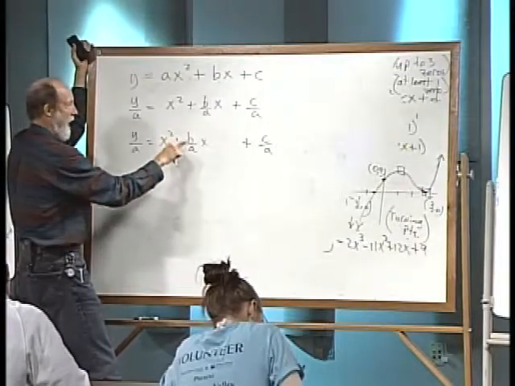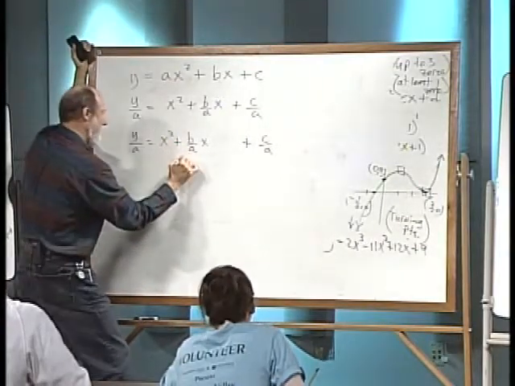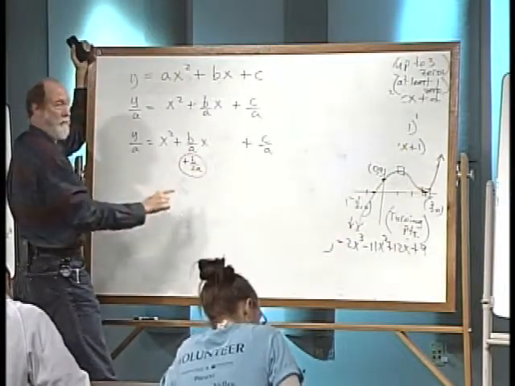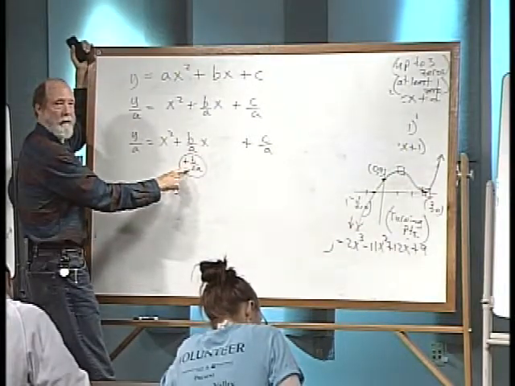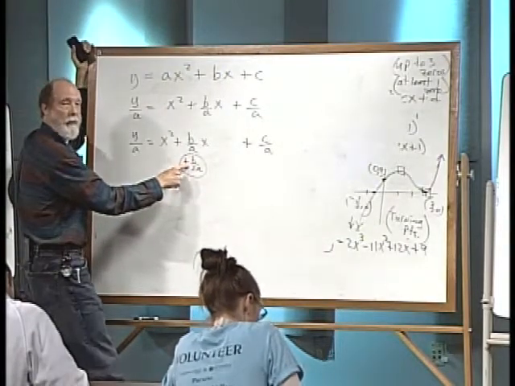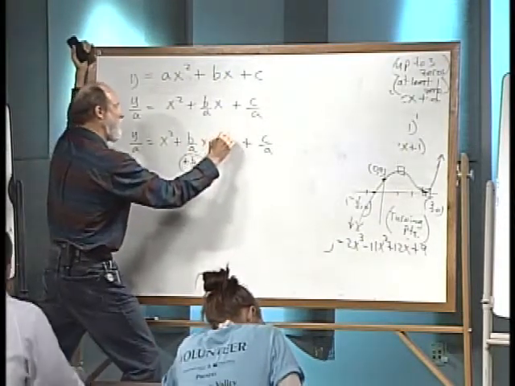I'm now going to take half of b over a, which is positive b over 2a. I'm going to circle it and put it right underneath here like I've illustrated previously in other problems. I'm going to square this and tuck it in right here.